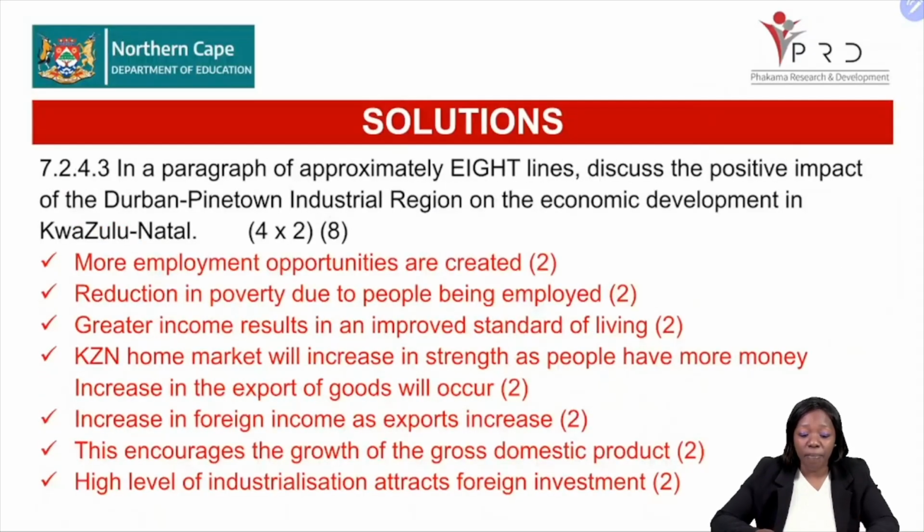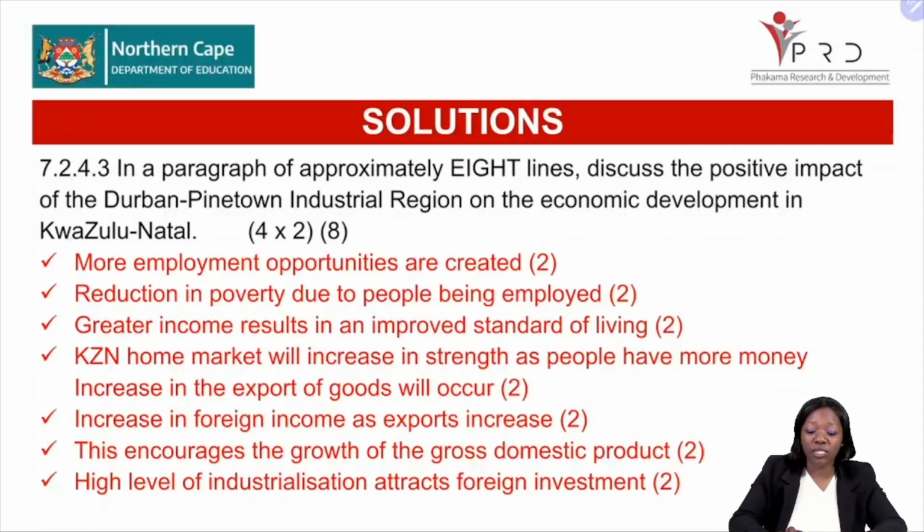Then in a paragraph, you are supposed to discuss the positive impact. Remember the positive impact, those are the factors that favor. So more employment opportunities are created. Remember, there are different activities, different industries in this area. Then reduction in poverty due to people being employed.